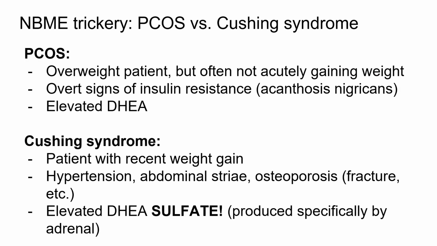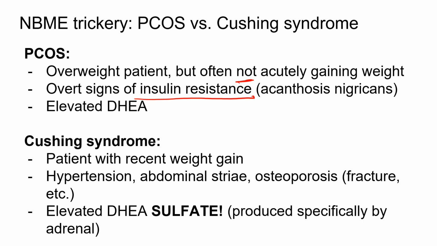And I summarize these differences on the slide. So again, PCOS, someone who's overweight but not acutely gaining weight. Someone who has overt signs of insulin resistance. And then I didn't mention this, but there's actually multiple types of androgens that are produced in the ovary versus in the adrenal glands.